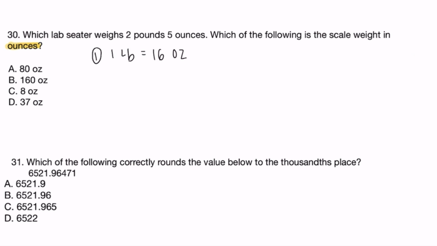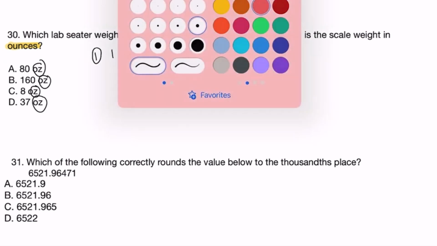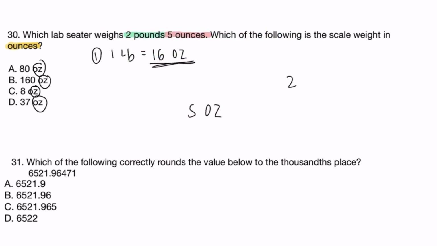That's going to come in handy because all these answer choices are in ounces. We already have 5 ounces, so we don't need to convert that. We need to convert these 2 pounds. 2 pounds equals x ounces.